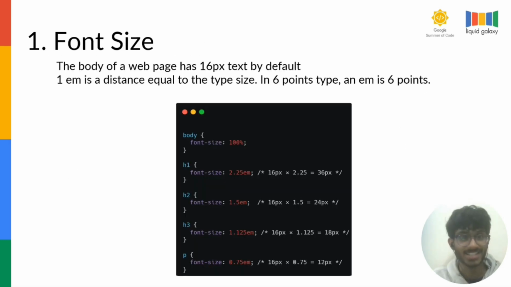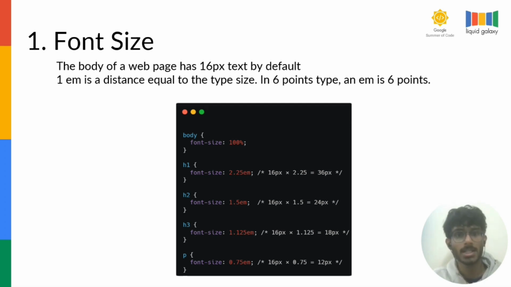Font size. By default, the body text on web pages is 16 pixels, but font size can be controlled by using different units like em, rem, or percentages. 1 em is equal to the base font size, thus 1 em space is proportionally the same in any size. Sizing text using the em unit is the next most appropriate approach.